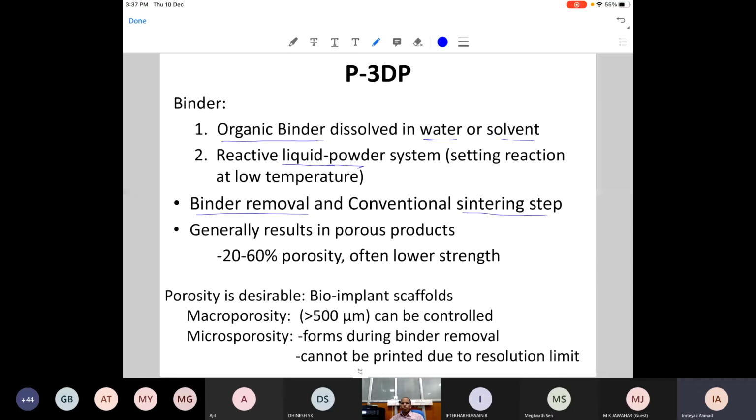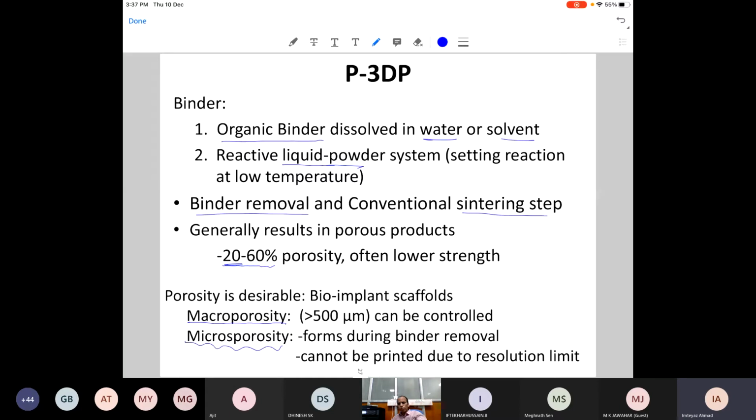Because of that, when you remove the binder, it leaves a lot of porosity in the product. And you need to stay for a very, very long time to close up all those pores. As a result, generally, even if you are very careful, you will still have at least 20% porosity in the product. Now, porosity can be controlled, yes, but at the current state of technology, you can control macroporosity, but not microporosity.